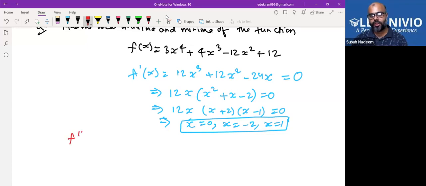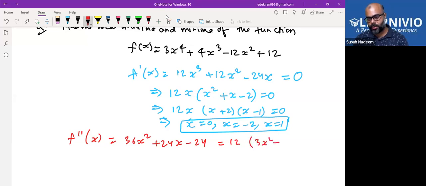So you will again differentiate this function and you will get 36x square plus 24x minus 24. Let us take 12 common, right? So this will be 3x square plus 2x minus 2. It will be easier to calculate now. Now, when you put x equal to 0, what is the sign you are getting? When you put x equal to minus 2, what is the sign you are getting? When you put x equal to 1, what is the sign you are getting?